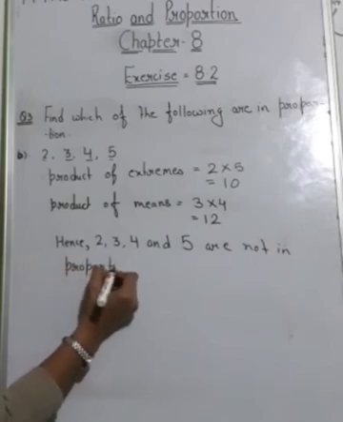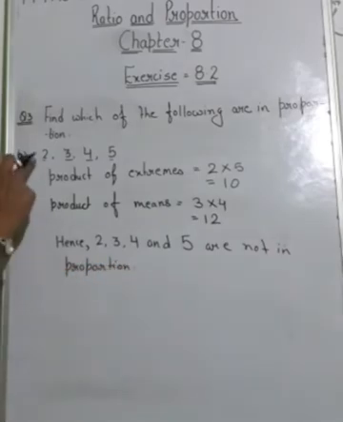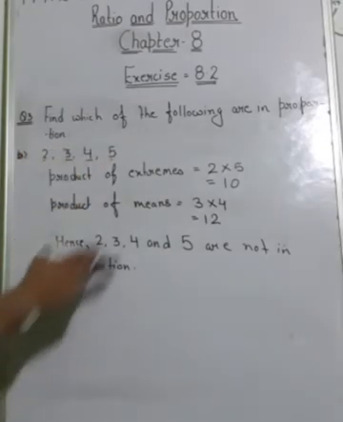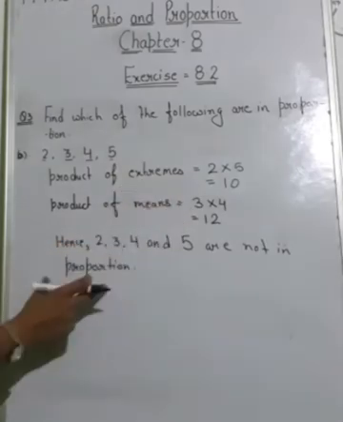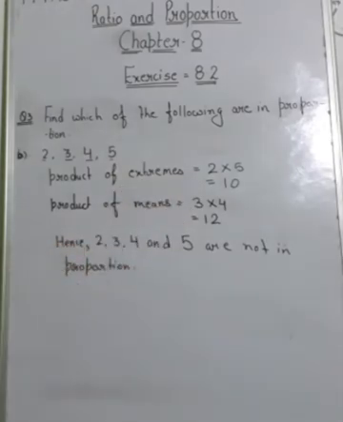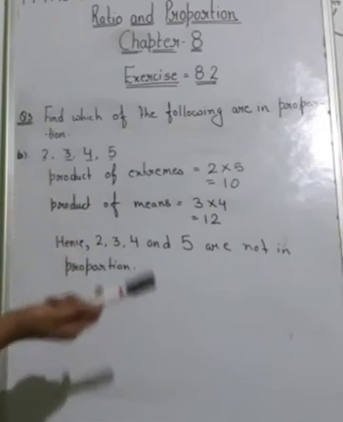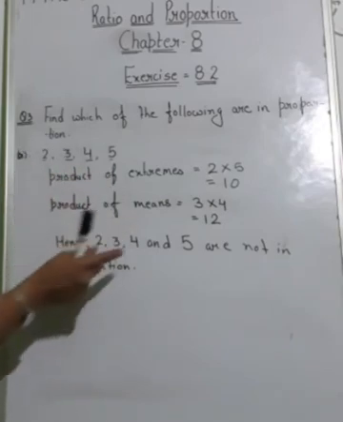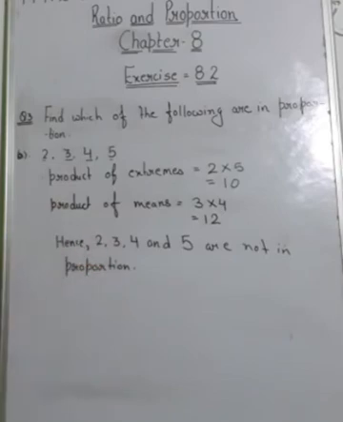Clear? Because I told you that they are in proportion if A into D is equal to B into C, and as they are not coming equal, so they are not in proportion. So both the methods are right, whether you do the ratio one or whether you do it with the cross product rule. If they are coming equal, they are in proportion. If they are not coming equal, they are not in proportion.